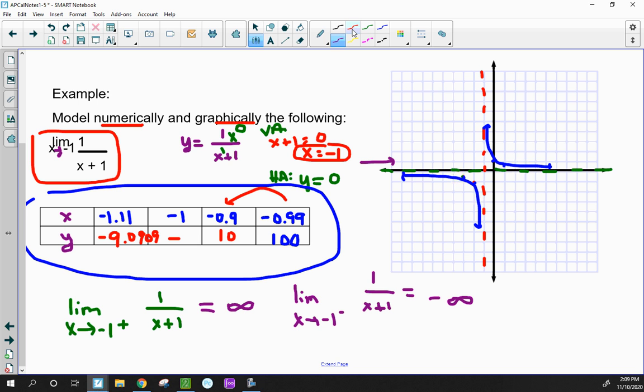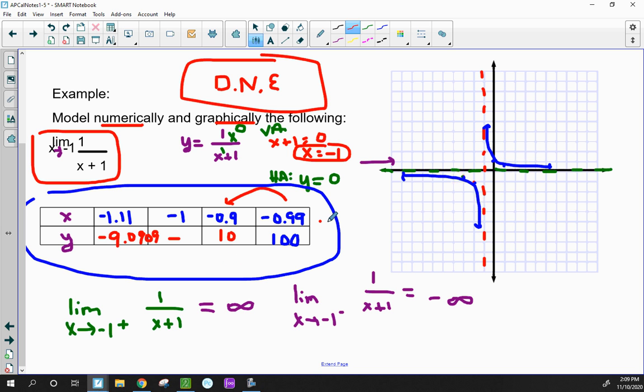But the original question, again, was here. Well, what's the two-sided limit? Since the one-sided limits are different answers, the final answer to this problem does not exist. Because that is the answer, now this makes way more sense because of the fact that even though I chose numbers close to x, the y's were jumping all over the place.